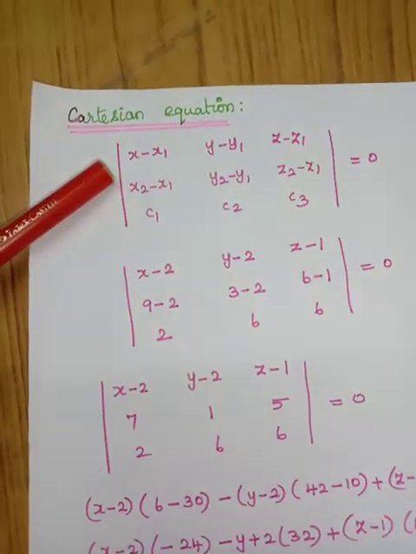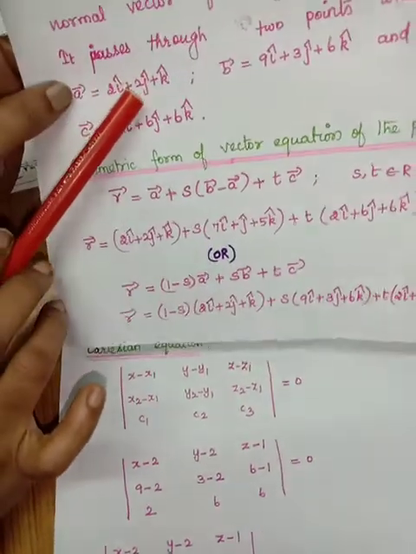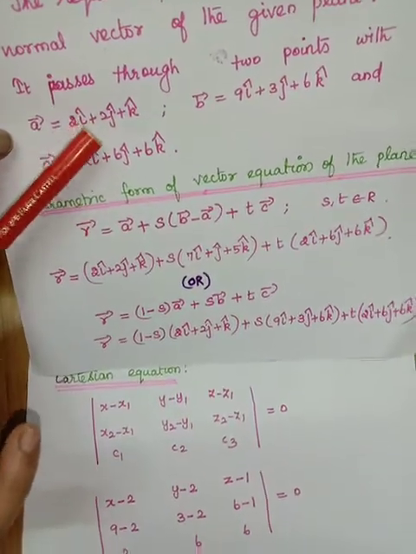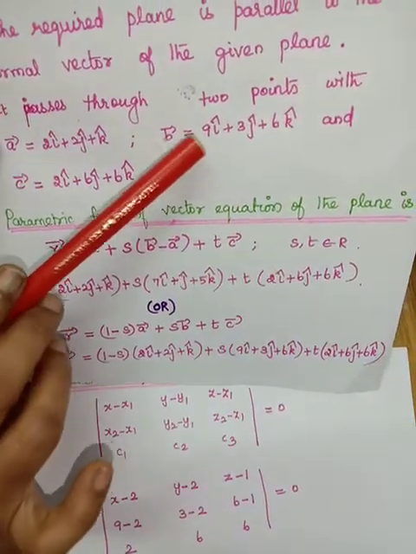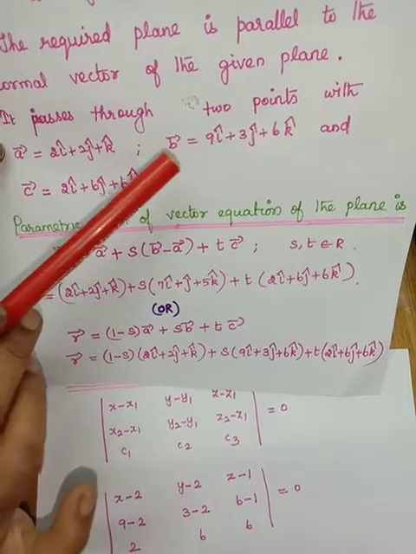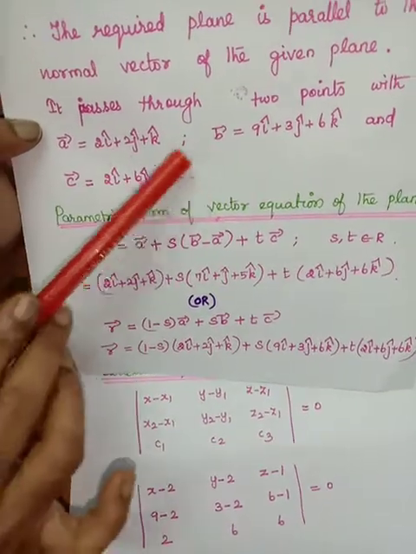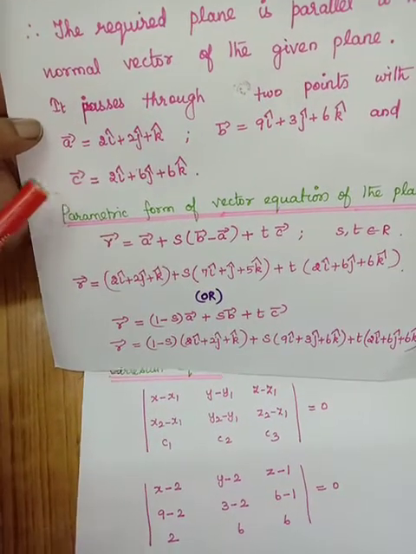See here which is x1? What is x1? So x1, y1, z1, that is the first passing point we have to take. Okay. And x2, y2, z2 is nothing but the second passing point, and c1, c2, c3 is the components of the parallel vector c vector.